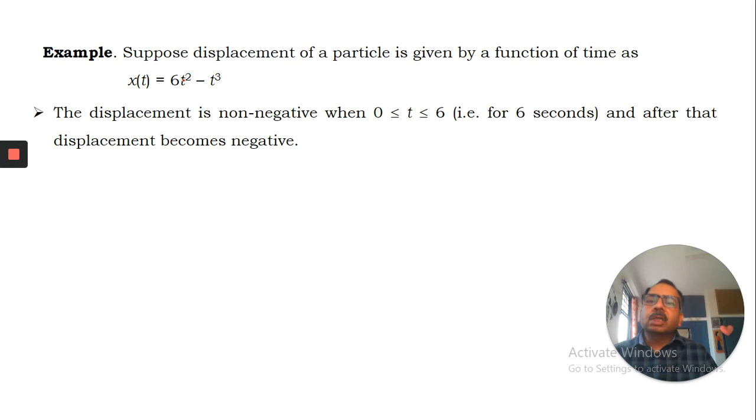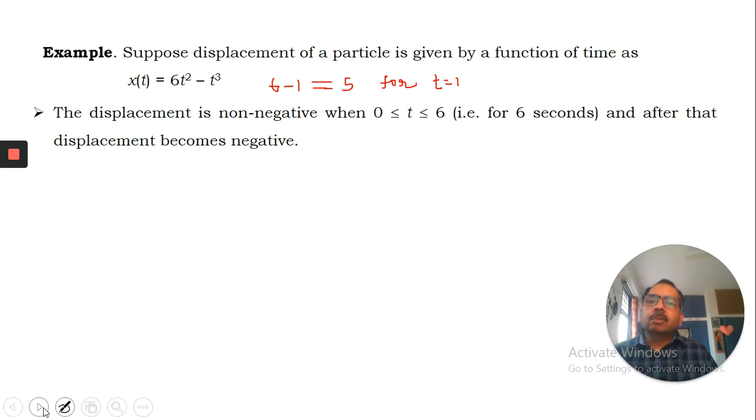Suppose we take t equal to 1. So 6 minus 1, that is 5. So it's a positive quantity for t equal to 1. Similarly, for any t between 0 and 6, this thing is positive.